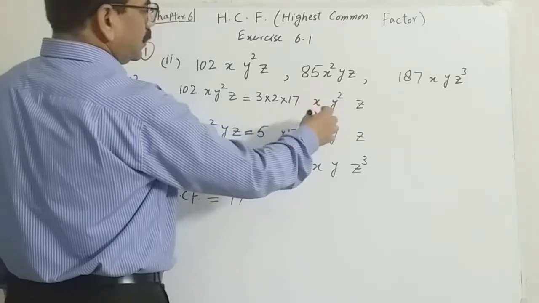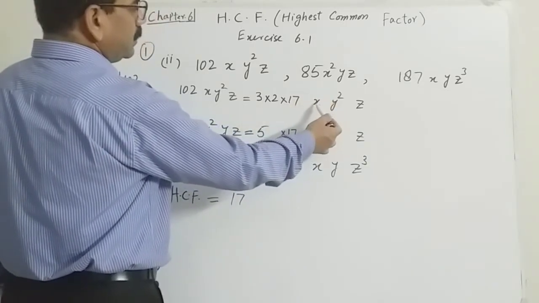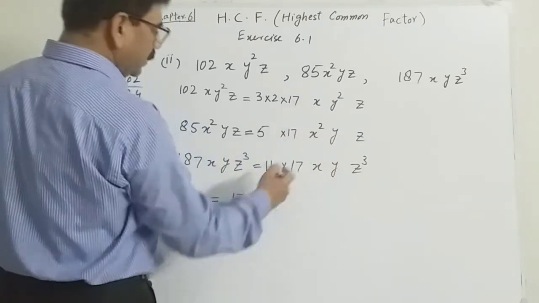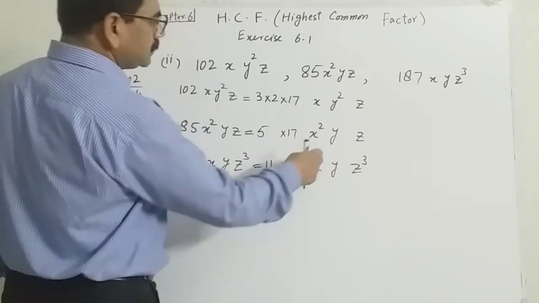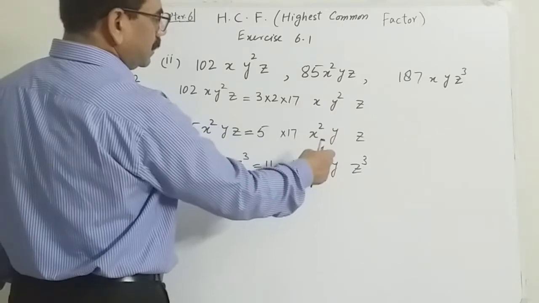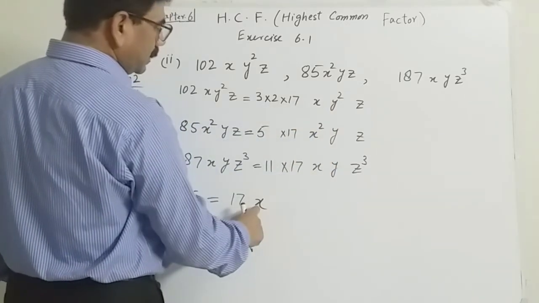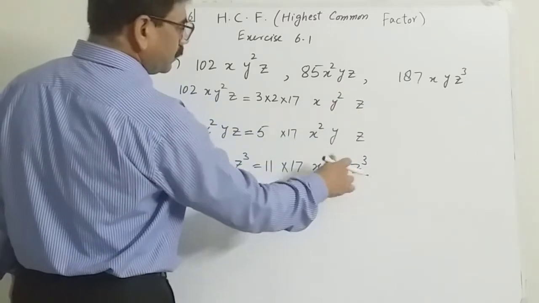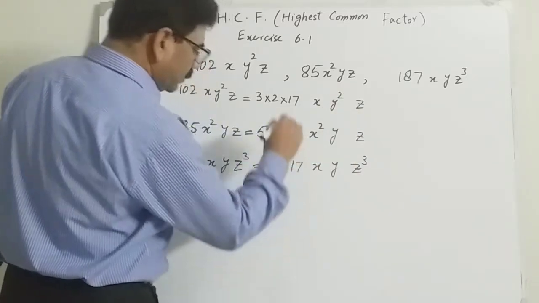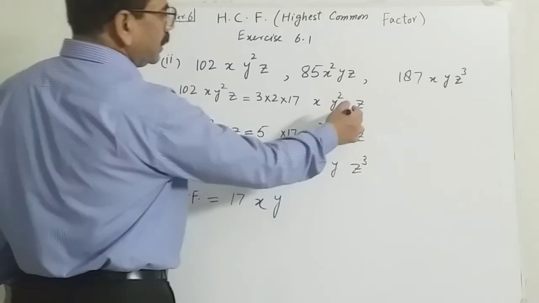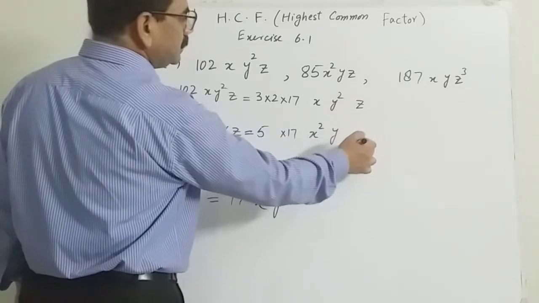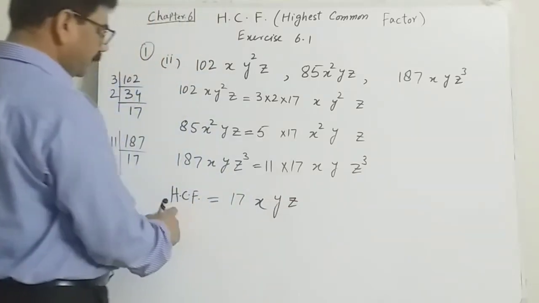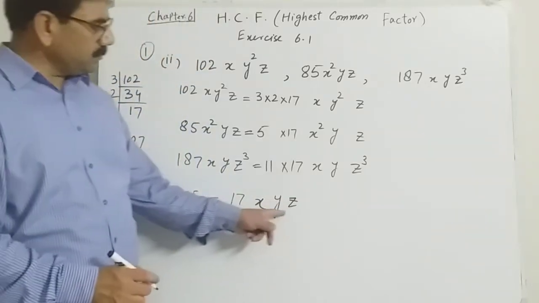And common term among x, x square, x is obviously x, because the lowest power of the variable will be taken, that is x. Now among y square, y and y, the common factor will be y, and from z and z cube, common factor will be z. So HCF will be 17xyz.